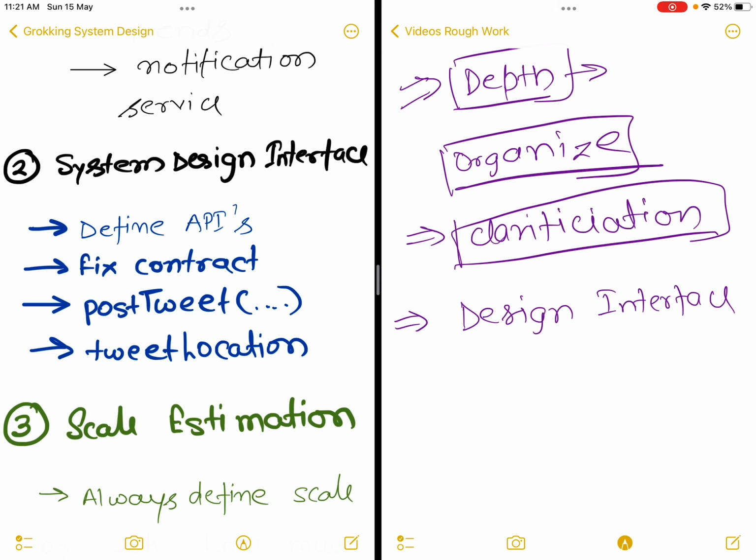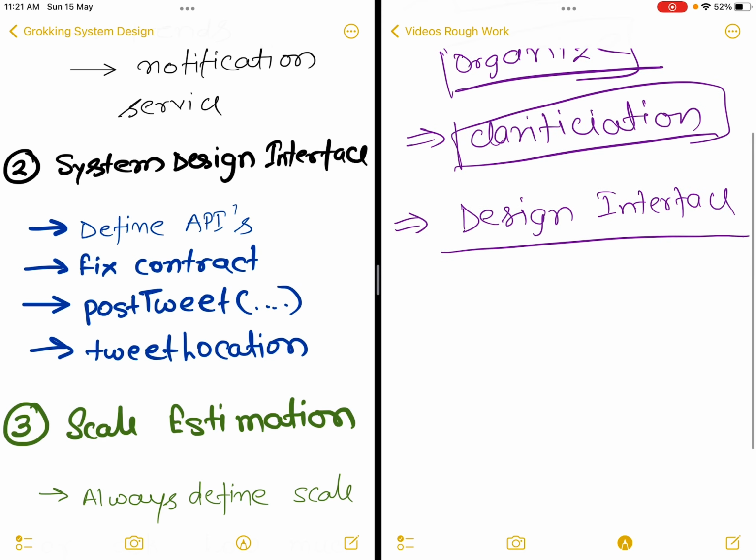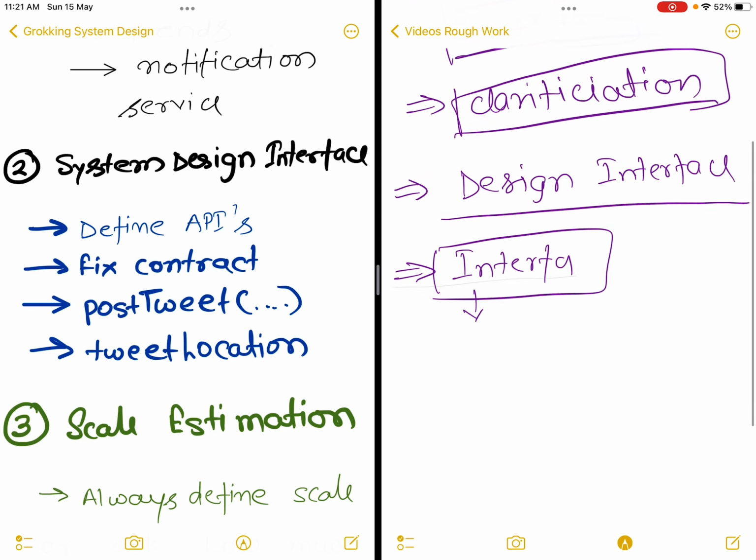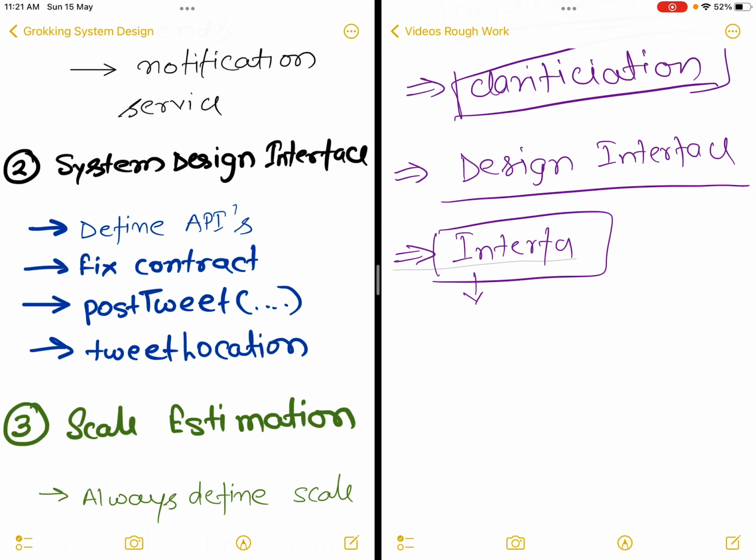Just like in object oriented programming, you try to put interfaces. All the classes are abstract classes, and they try to extend or implement them. What happens with an interface is, they define the scope, they limit the scope.